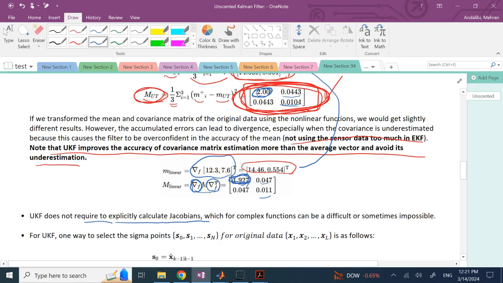I mean, imagine if this f function was not something like the square root of x squared plus y squared, but something like the modulus of x and y. How would you take the derivative of this? Now in real physical systems, we don't have much of modulus, but there are functions in mathematics that you might have a hard time taking derivatives from, or not be able to at all. So the fact that UKF does not need the Jacobians and derivatives is a positive thing.